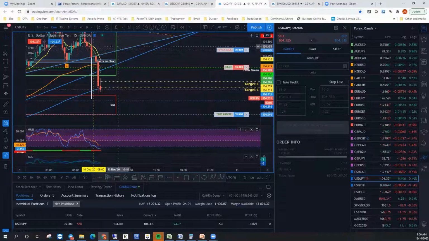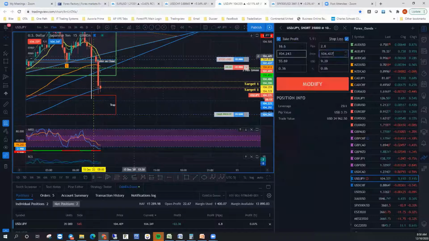You could probably use, if you want to try and bring your stop down, just give yourself enough wiggle room. Bring your stop down to the 13-period moving average. Actually, probably where this other wedge broke, I'd probably keep it above that.